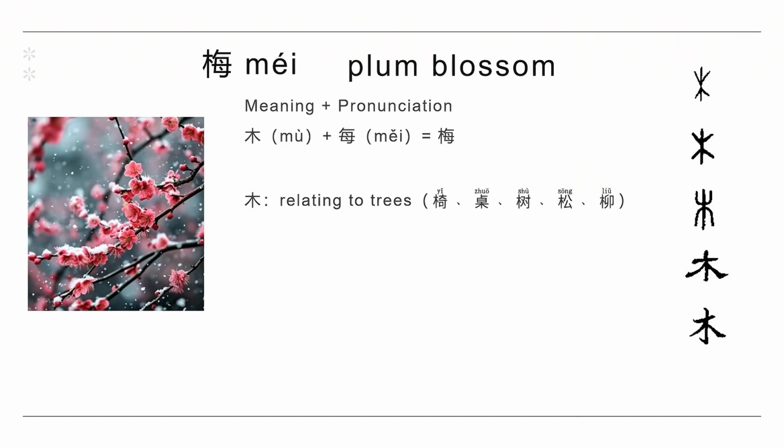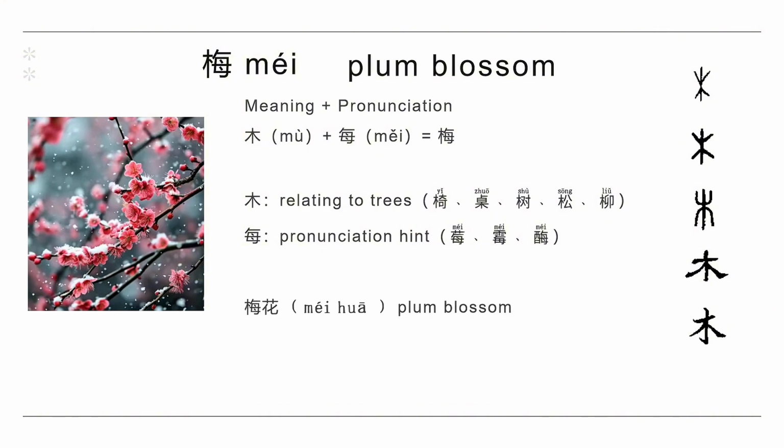They all have 木. 每 gives us a clue to the pronunciation. Although 每 is third tone, our character for plum blossom is second tone. This is quite common. It's only a hint after all, not an exact match.